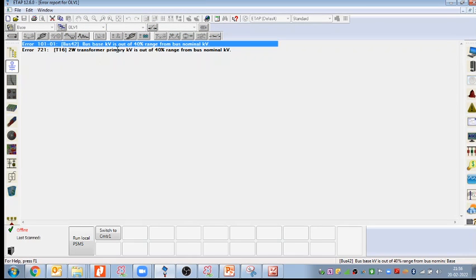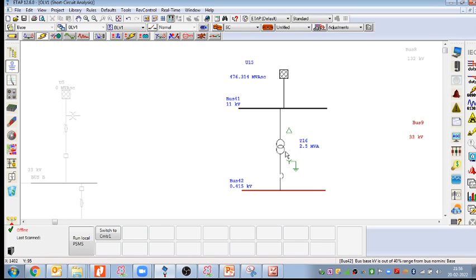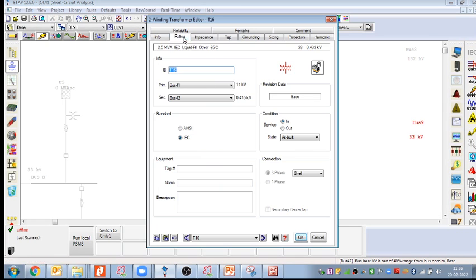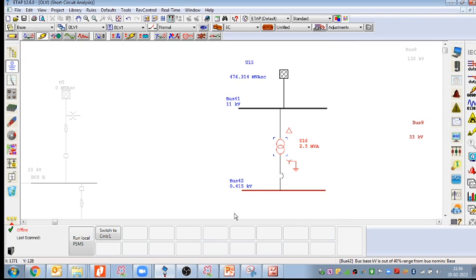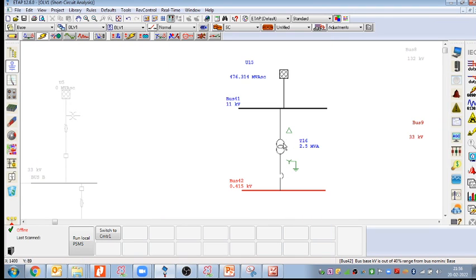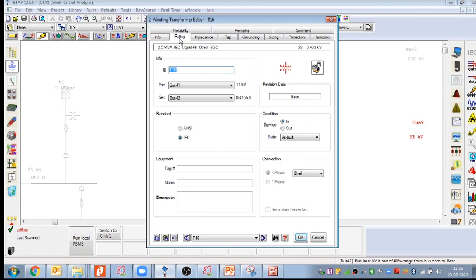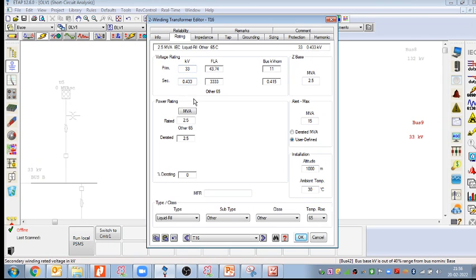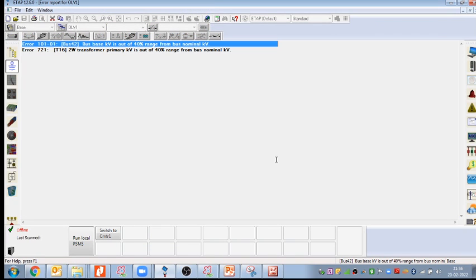Bus 42 and T16 base kV. Let me check the rating here. 0.4, that is okay. 0.433, yeah, that is fine. Let me take 0.415. Okay, click OK.